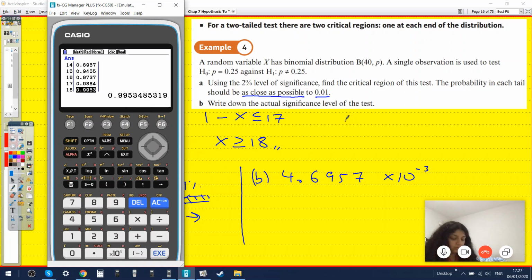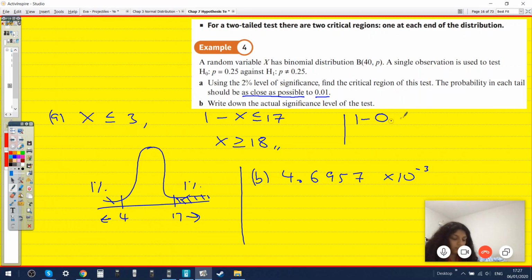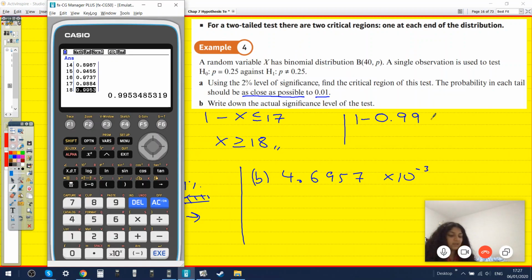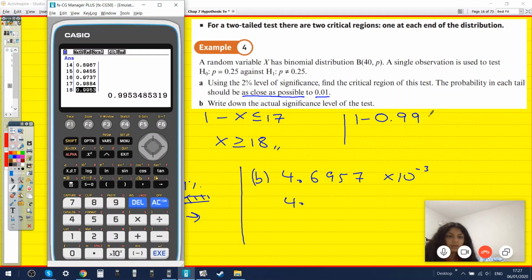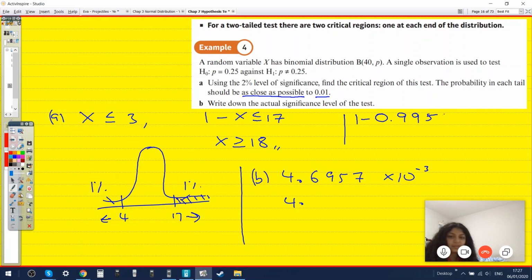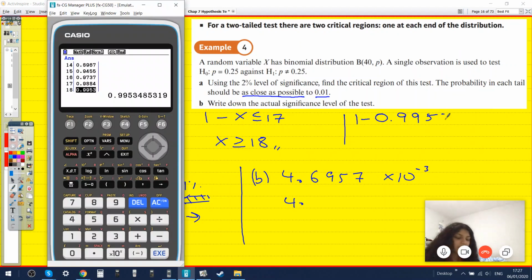And so what do you get for that one? 4.7 times 10 to the minus 3. It's just the same. Oh, okay. You're rounding a lot, are you? Yeah, but it's the same. It's exactly the same, is it? I think so.